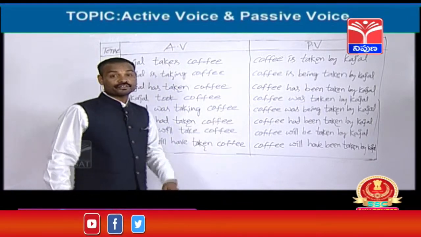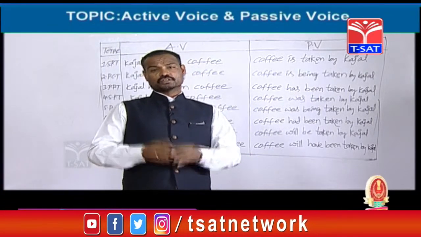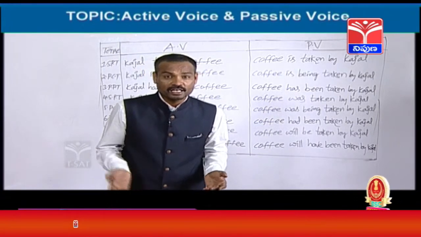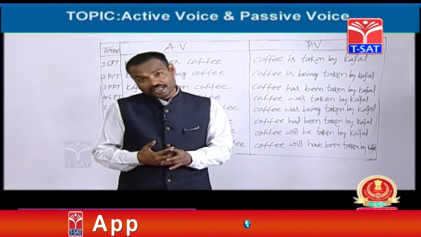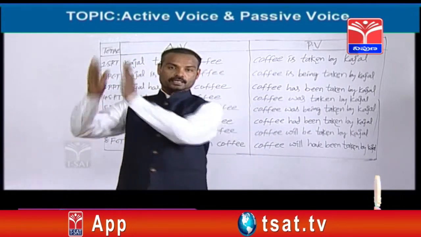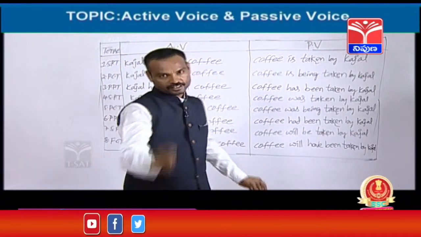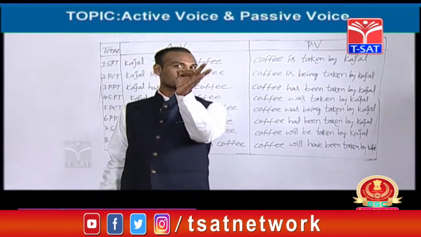Kajal had taken coffee. How can you find out whether it is past perfect or not? Very simple, friends. What is the frame of past perfect tense? Subject plus had plus V3. In past perfect tense, there is only one helping verb, that is had.